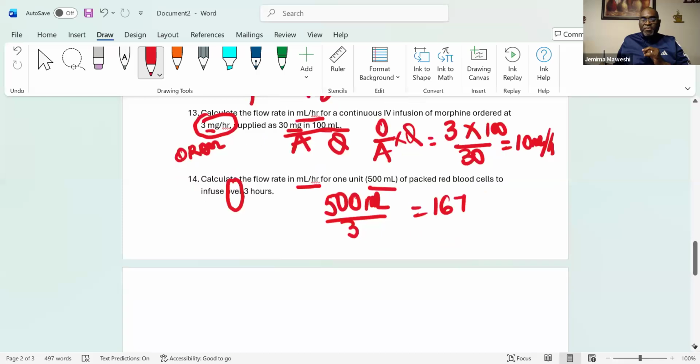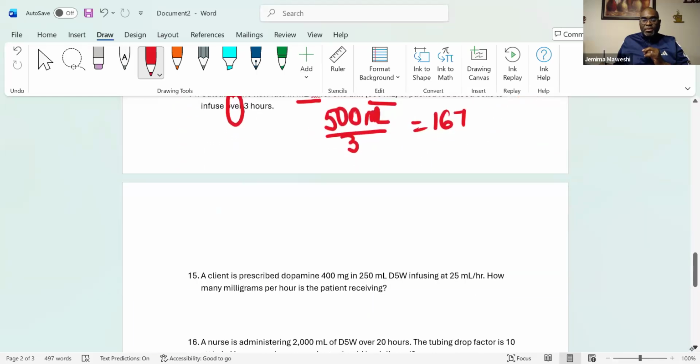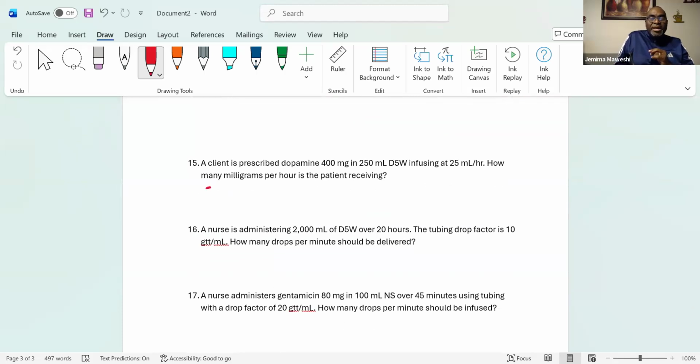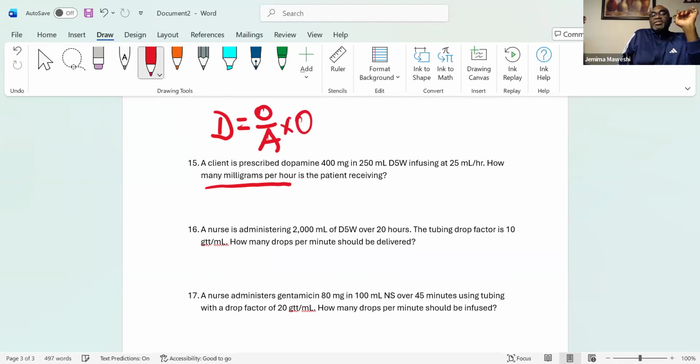So let's go to number 15. Number 15. How many milligram per hour? Be careful. The only time you will use this dosage, order divided by available times quantity, is when you are looking for milliliter per hour.